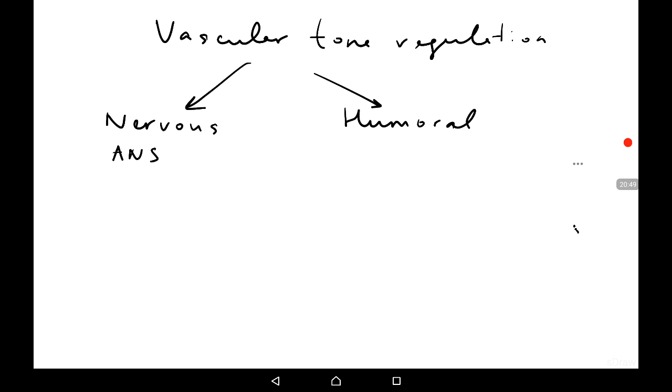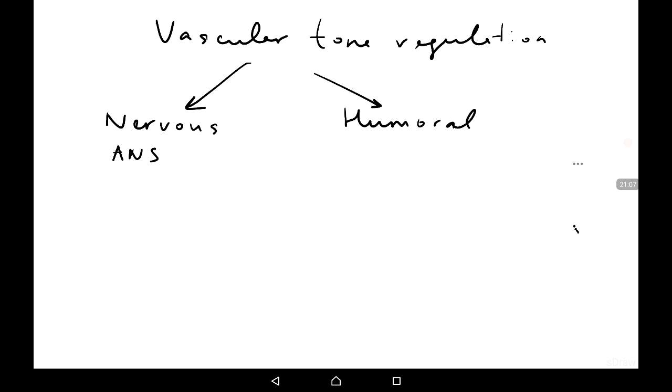So predominantly the blood vessels receive sympathetic innervation. And for the majority of blood vessels, you may remember, the sympathetic nervous system constricts the blood vessels. It was proved for the blood vessels of the skin in the experiment of Claude Bernard on the white albino rabbit.